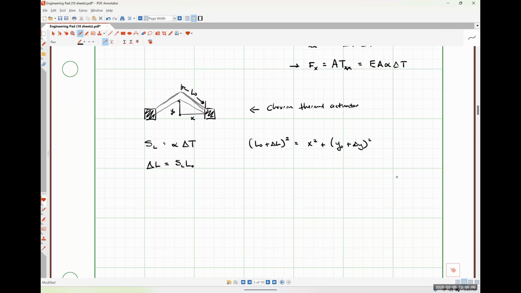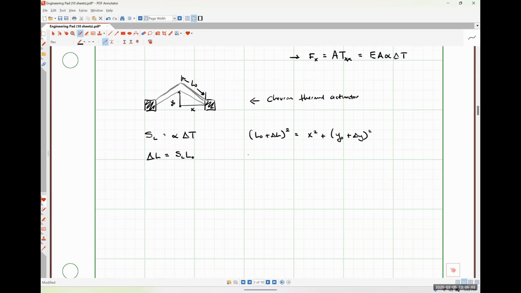So let's expand this thing out. So we would have L naught squared plus, I don't know where I got rid of a factor of 2 here, so I'll just do this out for legit.